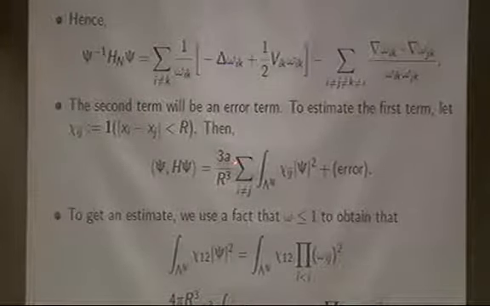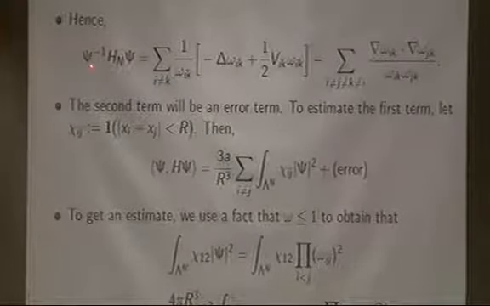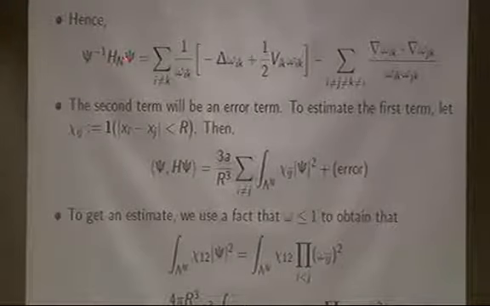Then it becomes 3a over r cubed times psi squared. Why do we have psi squared? Because we calculated psi to the minus 1 times Hn psi only, but if you have psi times Hn psi, this becomes psi squared times this thing.